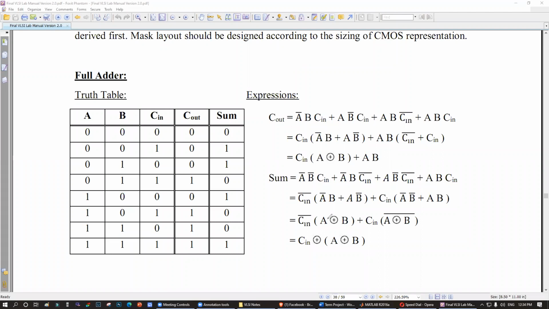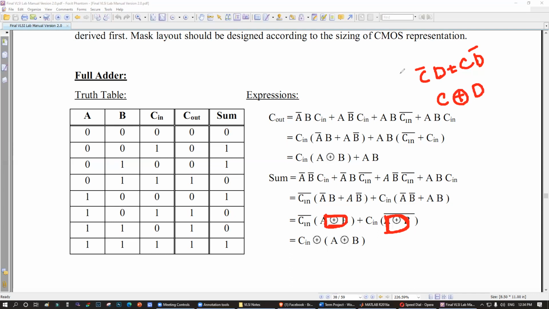Let me show you. Let's think this is your D, and this is D bar. So what will happen? C bar D, C D bar. That means C XOR D, right?